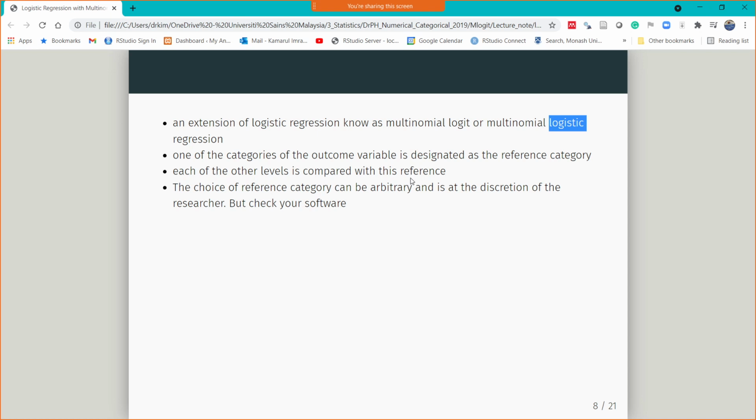In binary logistic regression, this is quite straightforward, but again, remember which is the reference category. The choice of reference category can be arbitrary, so it is at your discretion, and also check how the software deals with the reference category.